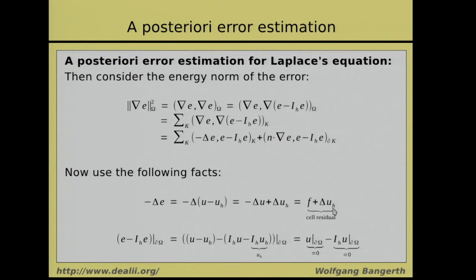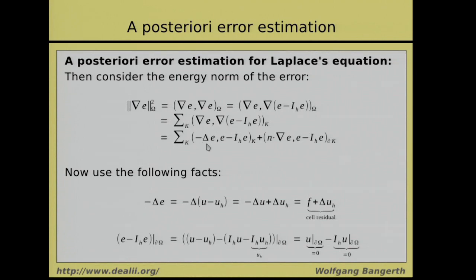So in this context, one of the things that's important to notice is if you think of UH, for example, as a piecewise linear function, then the gradient is constant on every cell, and I cannot take the second derivatives of it because that would be singular at the interfaces between cells, right? So this is why I needed to first break the integral over omega into integrals over the cells.